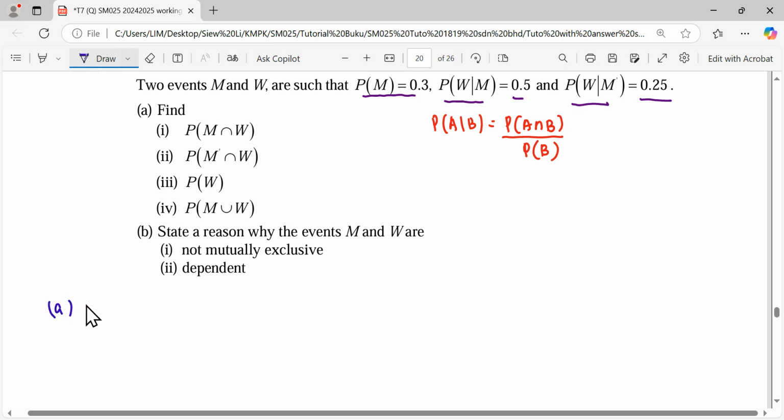For question A, start with the probability of W given M. It means that 0.5 comes from the probability of W intersect M over the probability of M, which is 0.5.